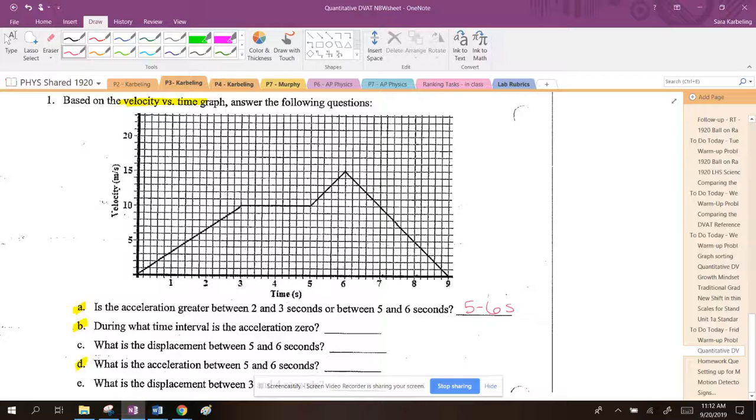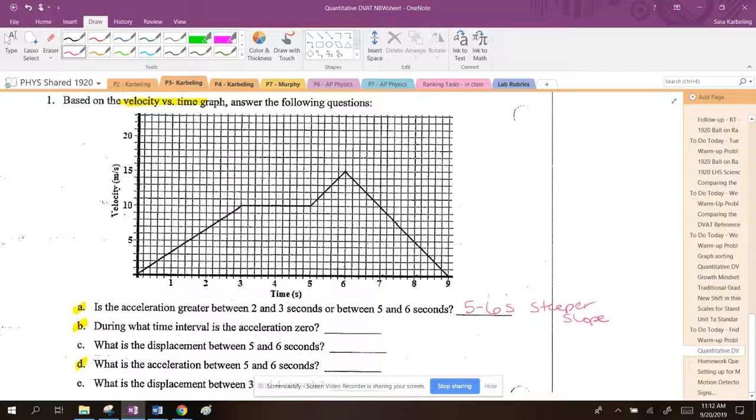Why did you guys say 5 and 6? Steeper slope. Steeper slope, yes. We pay attention. We know that it's a velocity versus time graph. We're looking for acceleration. Acceleration is found by the slope of a velocity versus time graph. Awesome.